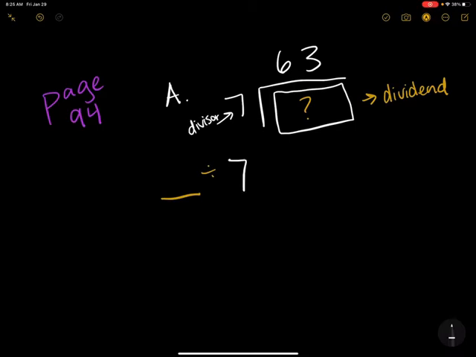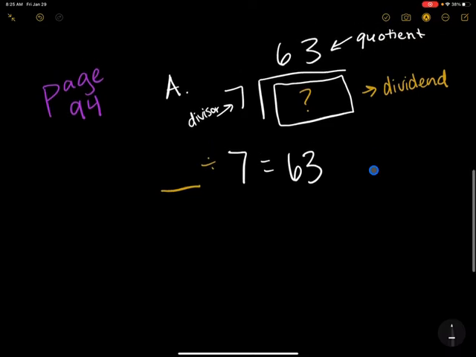So divided by 7 equals the quotient. That's our answer, after you've solved your division problem. So something divided by 7 equals 63.